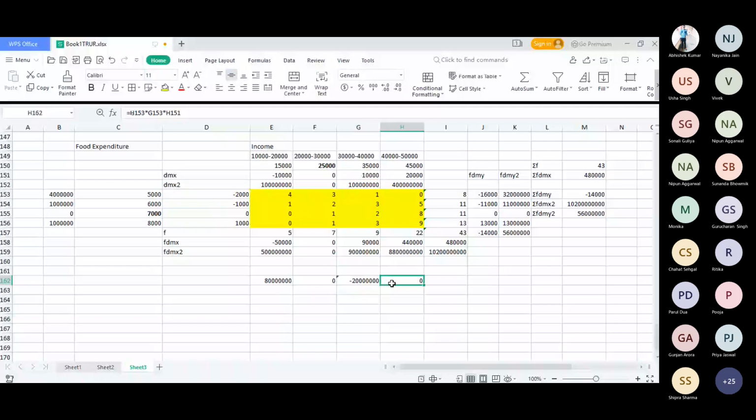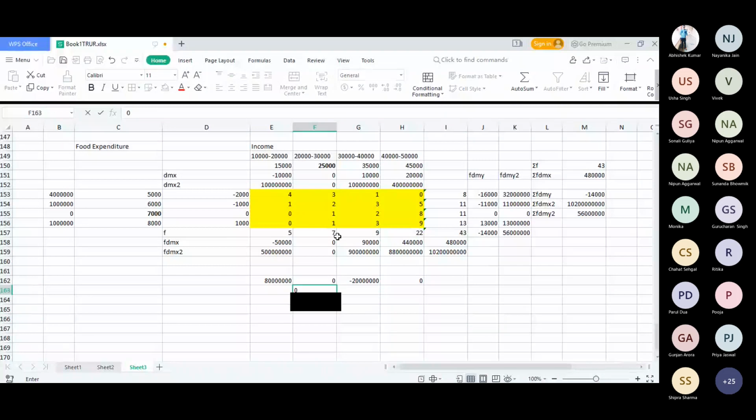The third value becomes 0. One is 0, so the product is also 0. So here there is no need to apply the formula, because for this all the values are 0. One is 0, anything multiplied by 0 is 0. So this also becomes 0. So all these values become 0, so we need not calculate.